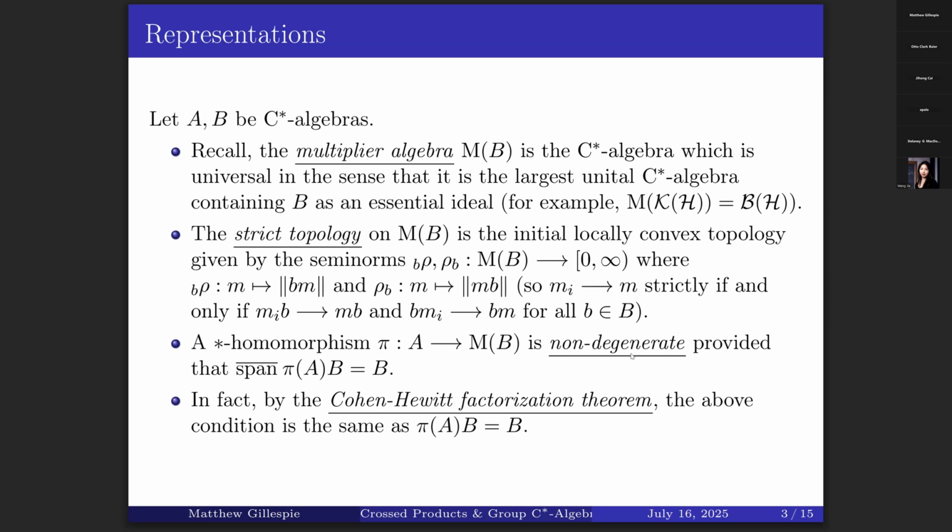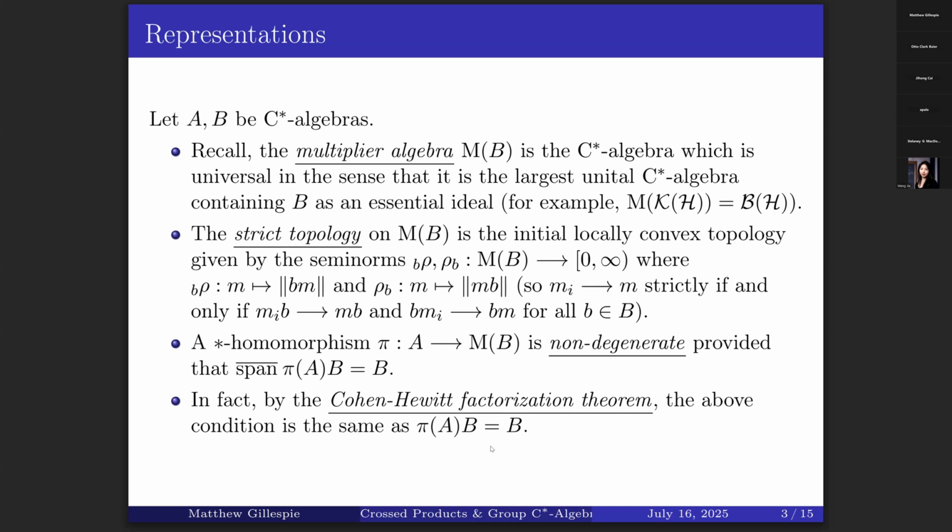And it turns out by this theorem in functional analysis, the above condition, which is that the closed span of all of these products recovers the whole C-star algebra B, is exactly the same thing as just the set of all products of elements from pi of A times B giving you back all of B. And so what this means is that I can give it any element of my C-star algebra B, and where I have a non-degenerate representation, I can actually factor every element of B as a product of two elements.